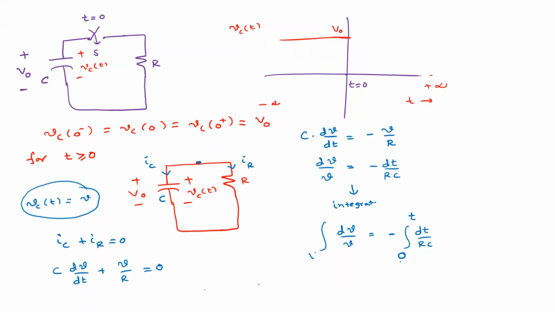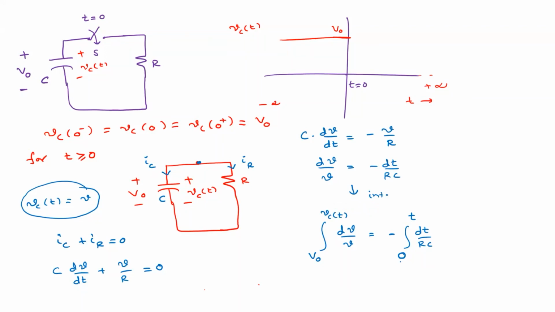At time t, what is the voltage across the capacitor? Vc of t. Understood? This is an important step. Our ultimate aim is to calculate the voltage across the capacitor as time varies, so we need to fix the limits: as time varies from 0 to t, the capacitor voltage varies from its initial value V0 to some value Vc of t. Understood?